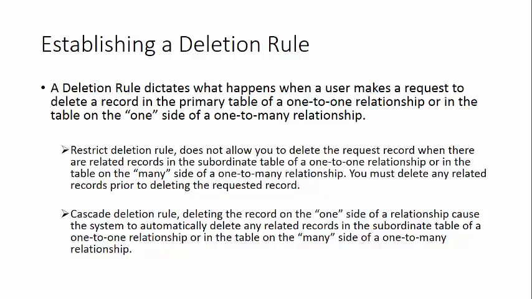Then there's another rule called the cascade deletion rule. This is a little bit dangerous. Deleting the record on the one side of the relationship causes the system to automatically delete any related record in the subordinate table of a one-to-one relationship, or in the table on the many side of the one-to-many relationship, which means once you delete one record in the primary table, multiple records could be deleted in the subordinate table or the many side.